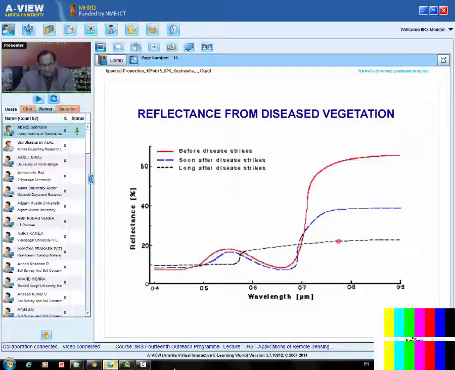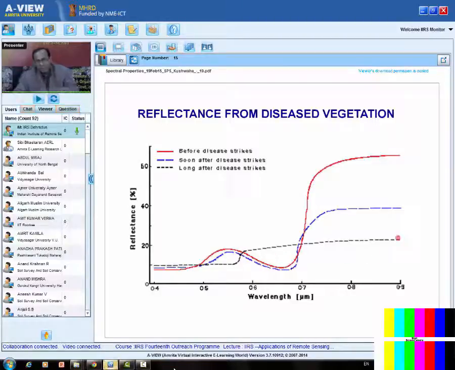So if you have healthy and diseased vegetation side by side in any satellite imagery, it is most likely that you will be able to differentiate diseased vegetation from healthy, because chlorophyll has changed, and since chlorophyll quantity and condition change, the photosynthesis is not there, and then the overall cell structure is also affected. So from the normal curve, it has finally resulted.